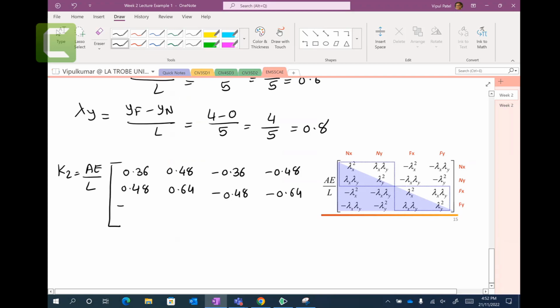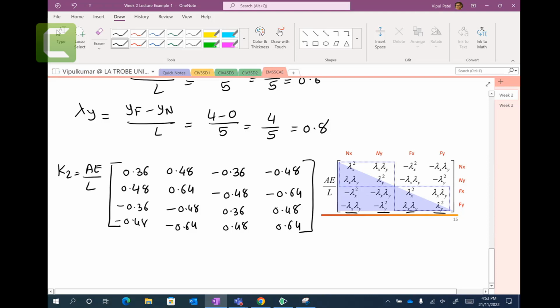Minus 0.36, minus lambda x lambda y, so minus 0.48, lambda x 0.36, this one 0.48, minus 0.48, this one here, and minus 0.64 for y square, which is 0.8, this one 0.48, and this one 0.64.